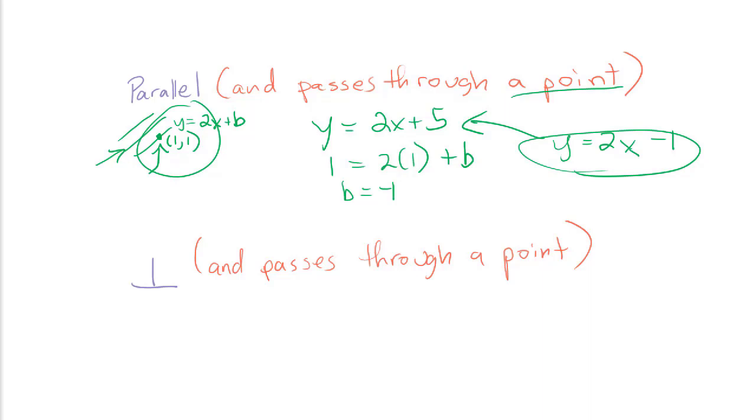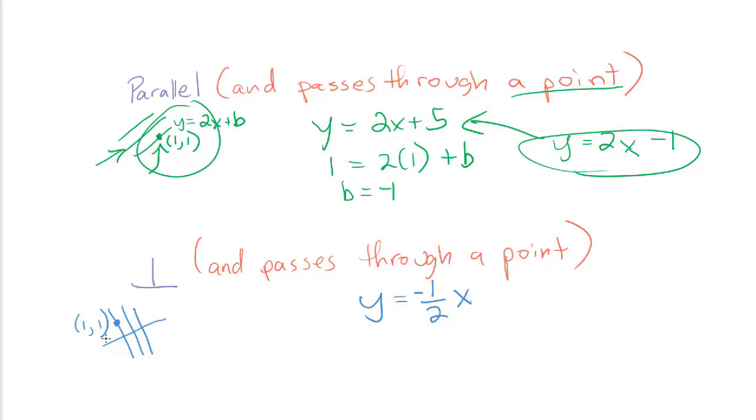How do we do the same for perpendicular lines? Again, if I had a particular line, I could have any number of perpendicular lines, but perhaps I want the one that particularly passes through a point. Let's again say that point is 1, 1. So what perpendicular line to y equals 2x plus 5 passes through the point 1, 1? It's the same process. We're going to say our perpendicular line has a negative reciprocal slope. That's y equals -1/2 x in this case. That's the negative reciprocal of 2, the original line's slope.